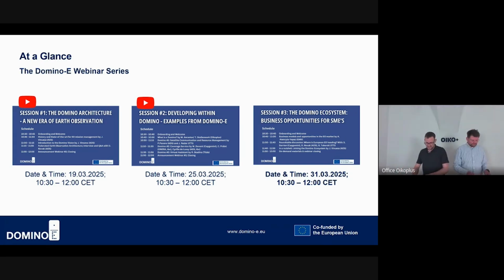So we were discussing the SCRMS, the Satellite Communication and Resource Management service. We were talking about a virtual assistant service, and we were talking about the coverage service. And each of them are dominoes that are implemented in the context of the Domino architecture, and that are also going to be used.